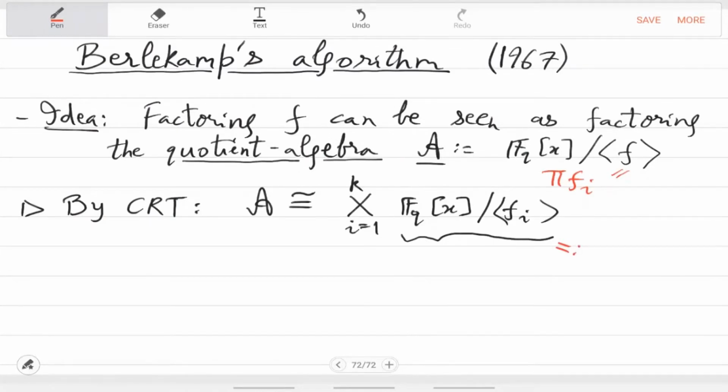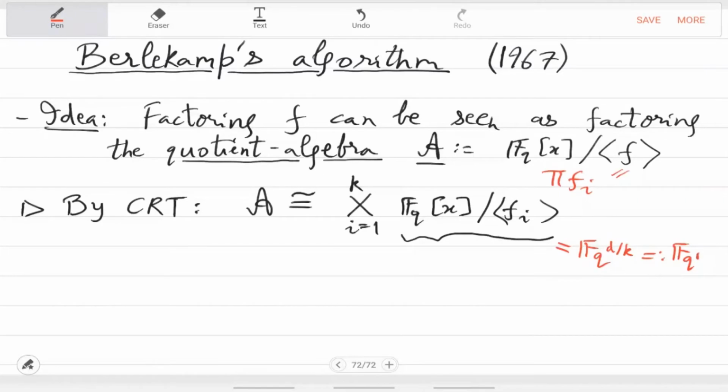This is F_q', since f_i has degree d by k. So we'll call it F_q'. So this A is nothing but k copies of the finite field F_q'.